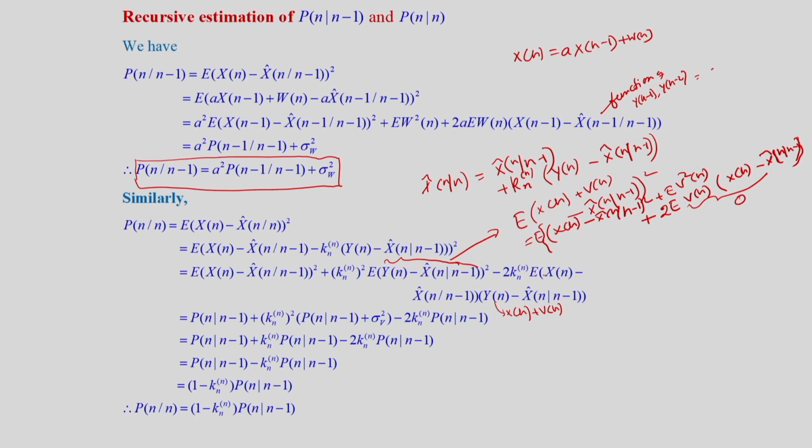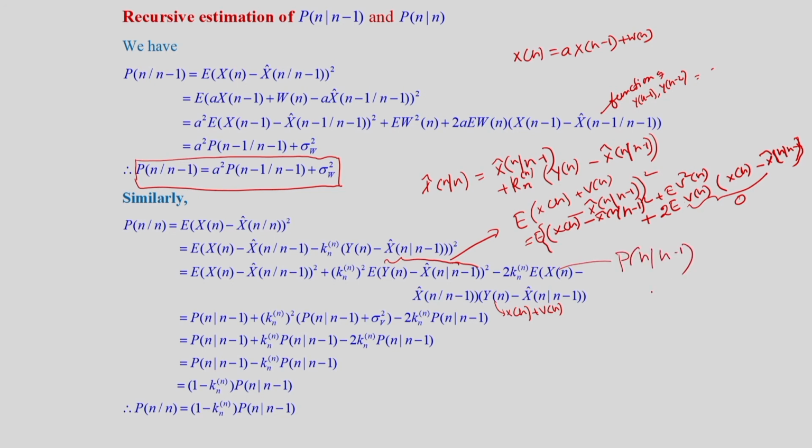Now, this v[n] part will be independent of this x[n] and x̂[n|n-1]. So, the contribution of v[n] will be 0. Therefore, we will simply have E of (x[n] minus x̂[n|n-1]) into (x[n] minus x̂[n|n-1]). So, that way it will be E of (x[n] minus x̂[n|n-1]) whole square, which is P[n|n-1]. So, that way this expression will be equal to P[n|n-1].